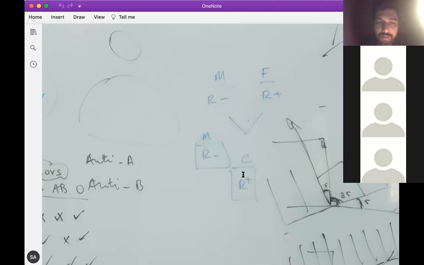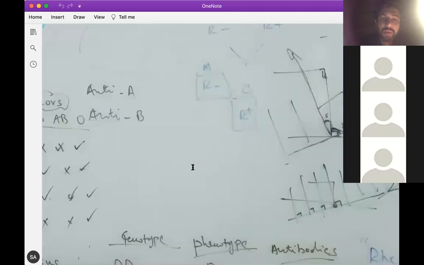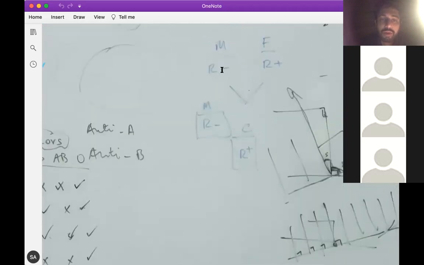So when they conceive a child, with mother being R negative and father being R positive, what is the possible genotype? This is the possible genotype that you will have. One of them with the protein, the other without the protein, right? R positive, R negative.